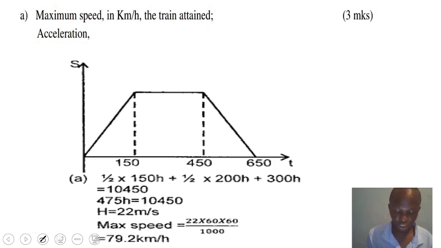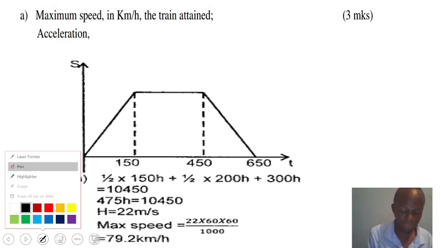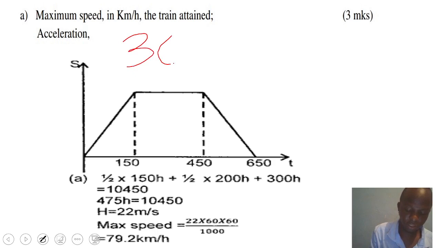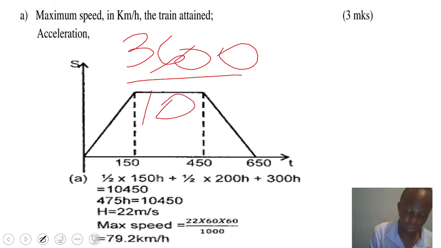We are going to multiply the whole thing by 3,600 over 1,000, so 3,600 divided by 1,000 times 22.